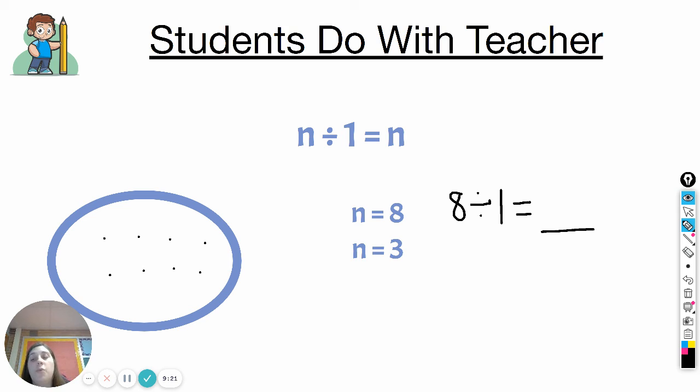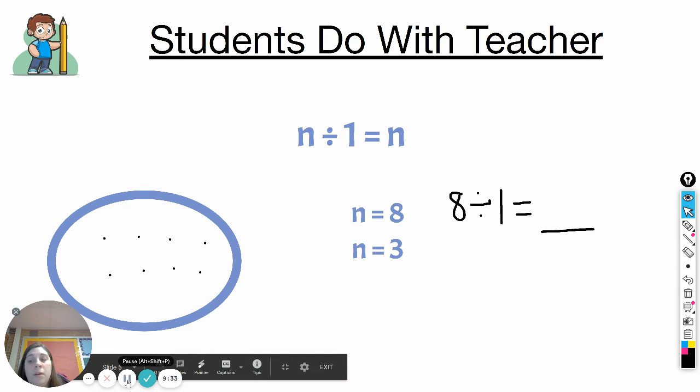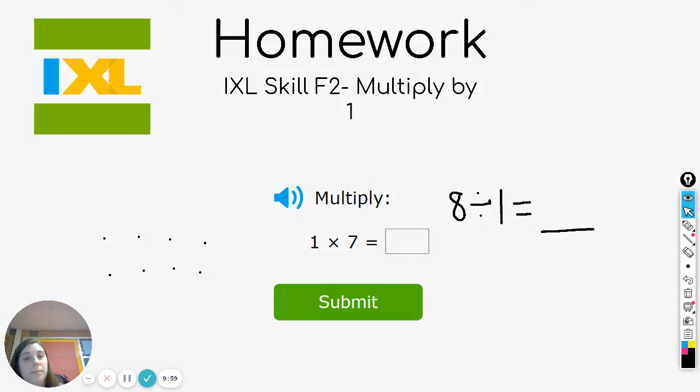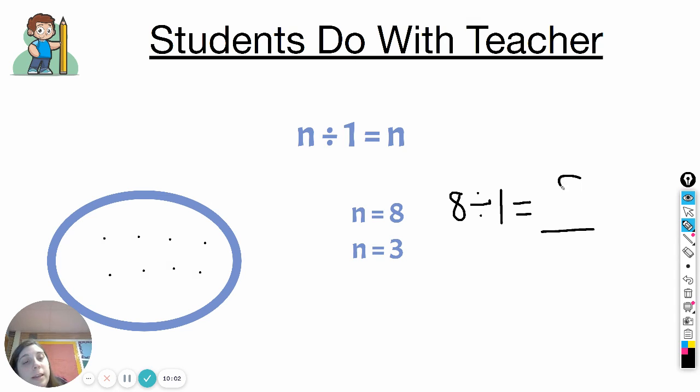So 8 dots divided into one group equals how many dots per group? If we have 8 dots and we break them into one group, there will be 8 dots in each group.